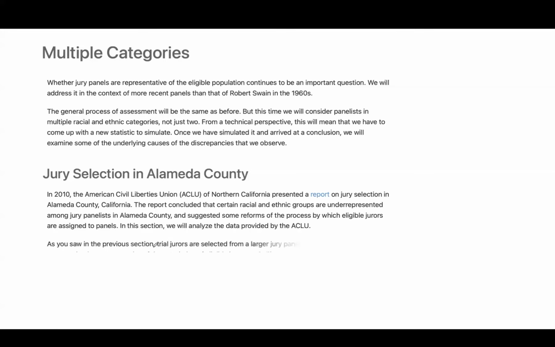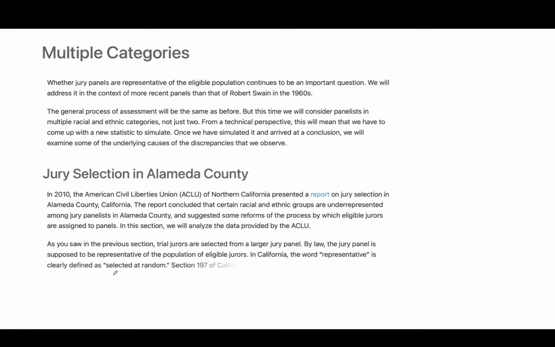As you saw in the previous section, trial jurors are selected from a larger jury panel. By law, the jury panel is supposed to be representative of the population of eligible jurors. In California, the word representative is clearly defined as selected at random.